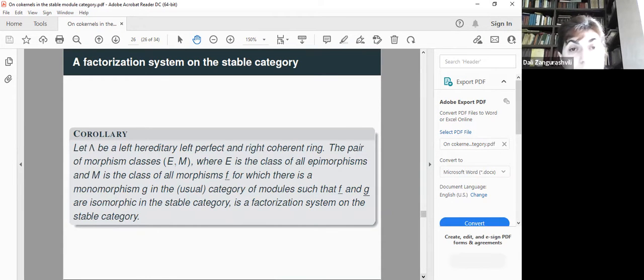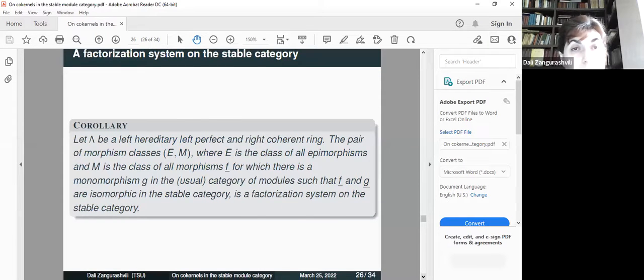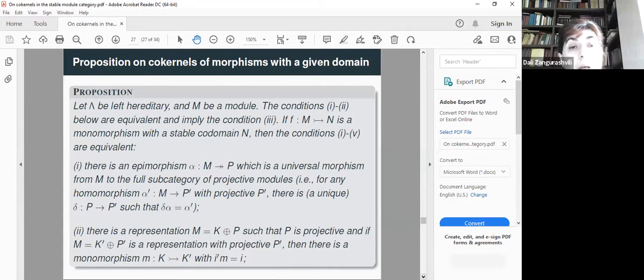And now we pass to the question of when the condition to be left hereditary, left perfect, and right coherent is also necessary for the stable category to have cokernels. To give the answer to this question, we give the following proposition.